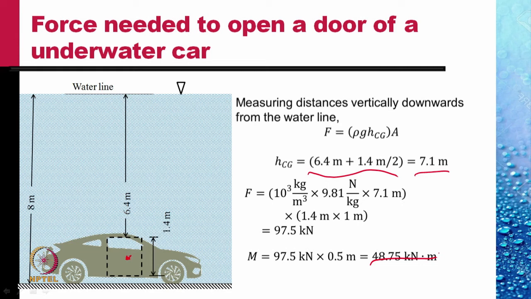This is far beyond the capability of a human being. So, if this is a situation that exists, the driver cannot get out, cannot open the door. So, is she doomed? No. She could lower the window if that is possible.